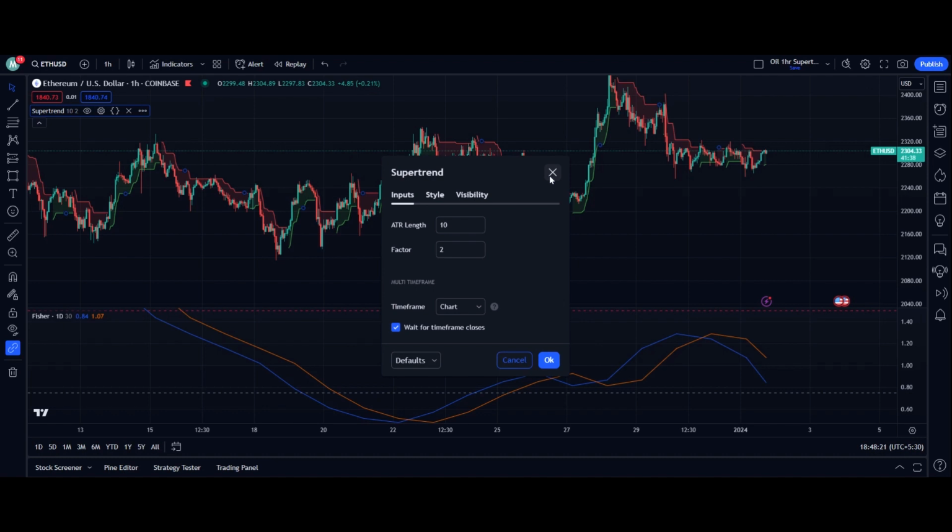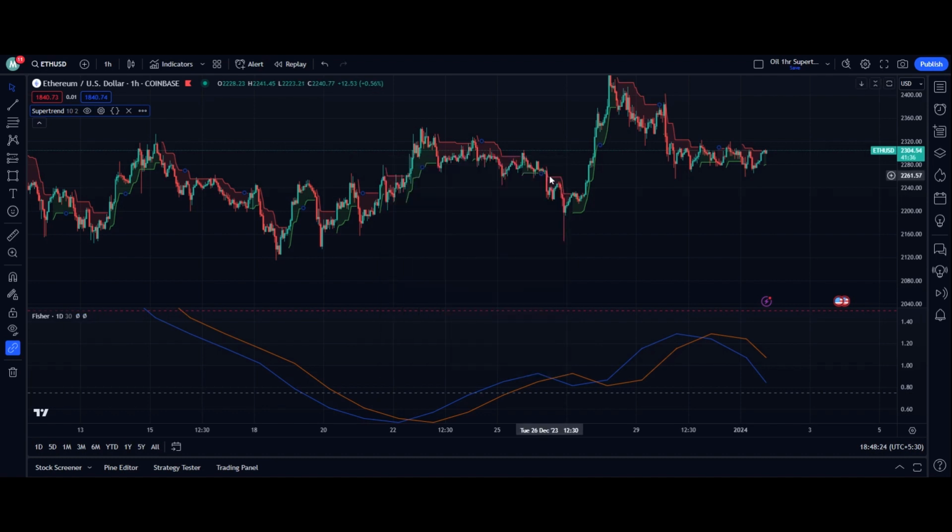Supertrend uses something called average true range, which is pretty widely used in technical analysis, and a lot of people use it. It can be used in a lot of forms. It can be used as an oscillator as well.